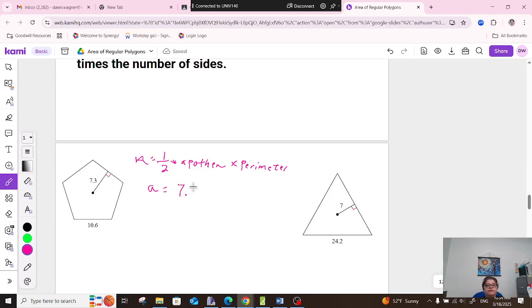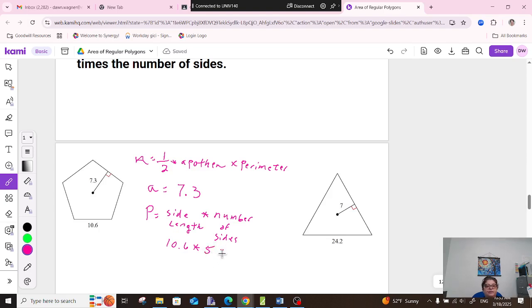So the apothem is 7.3. How do I find perimeter? What's the side length? And how many sides do I have? So how I would do this, I would take 10.6 times 5 to get the perimeter.